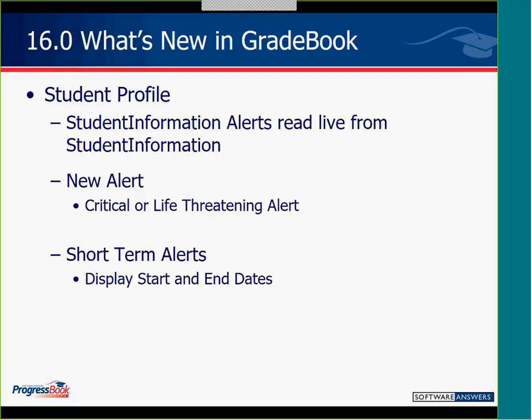We can see if an alert is critical or life-threatening, and you'll see a new icon display with those alerts. We are also displaying the start and end date for short-term alerts, which makes those alerts even more important and more meaningful for teaching staff.